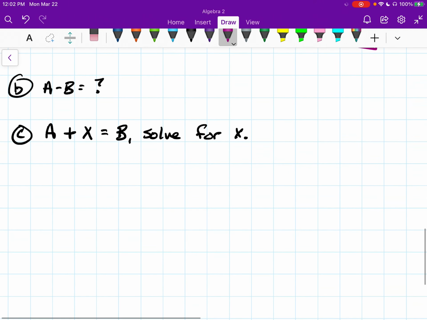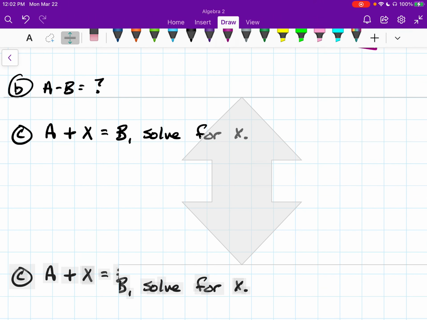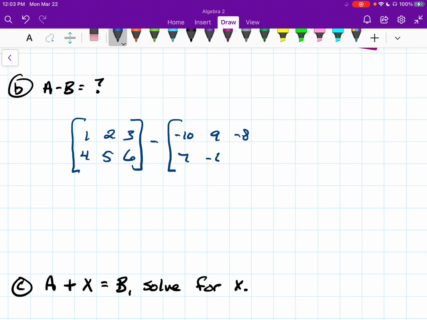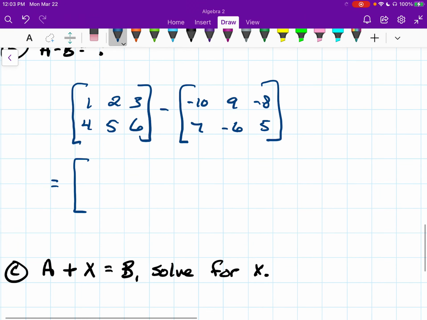Part B, we have A minus B. A is 1, 2, 3, 4, 5, 6 minus B, which is negative 10, 9, negative 8, 7, negative 6, and 5. Now, this works the same way as subtracting negative numbers in real life, right?